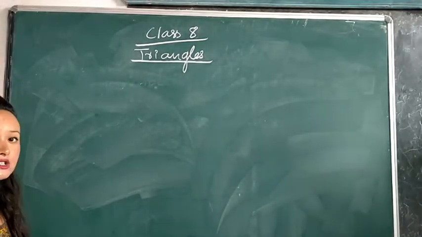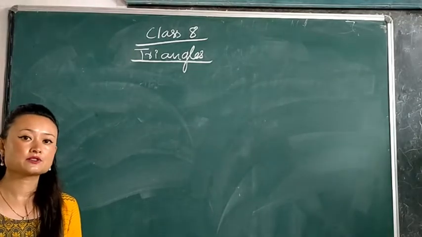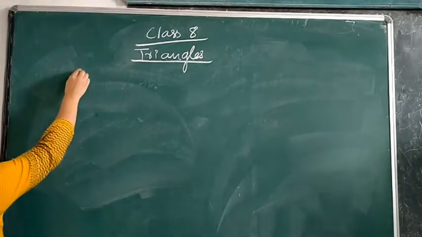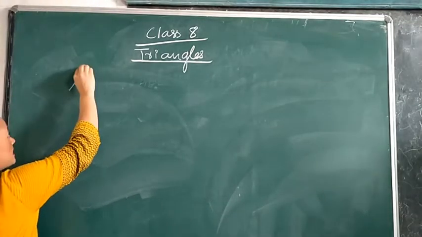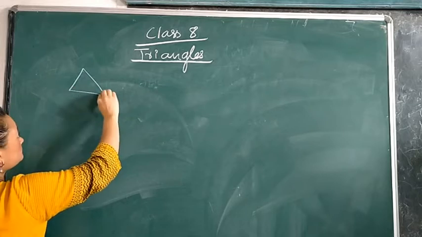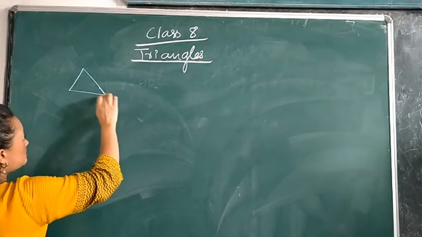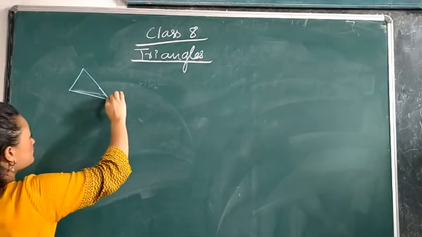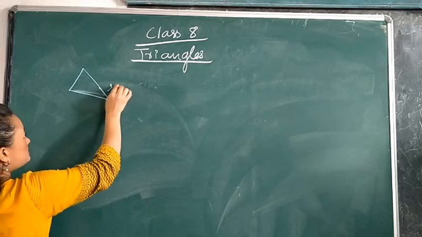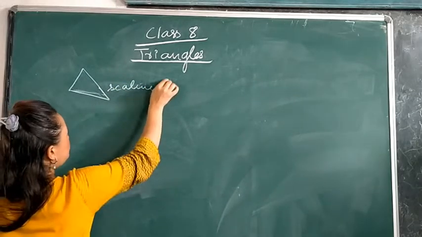So we learned classifying a triangle with respect to the sides, which means a triangle which has none of the sides equal is called a scalene triangle.